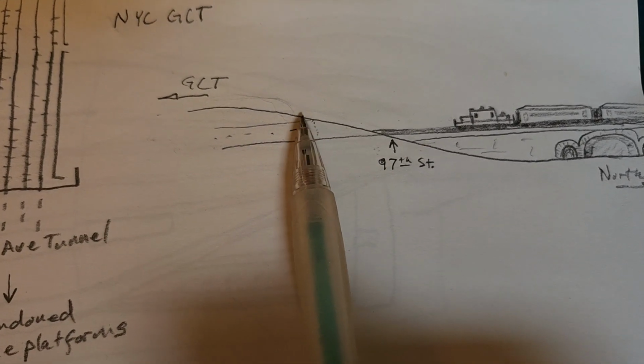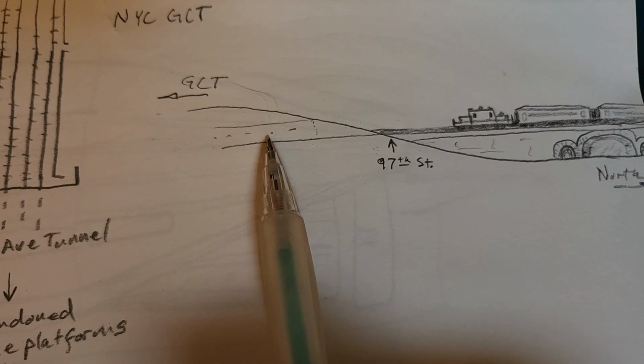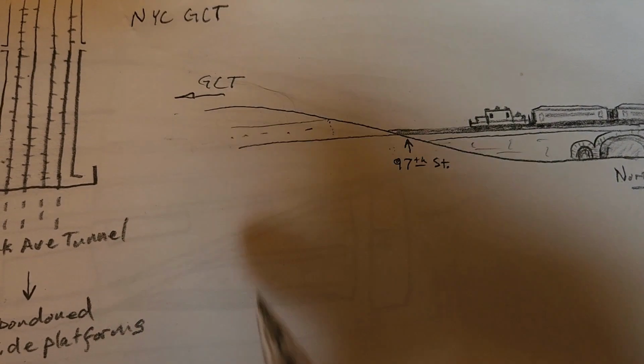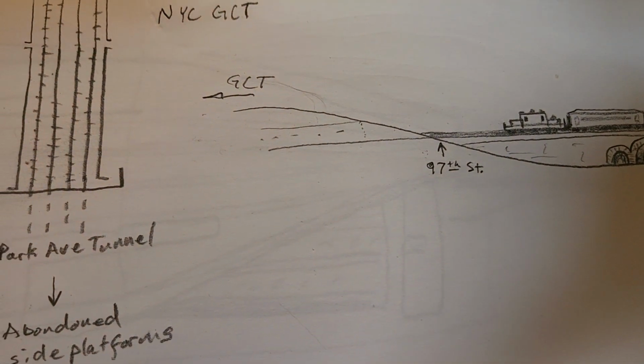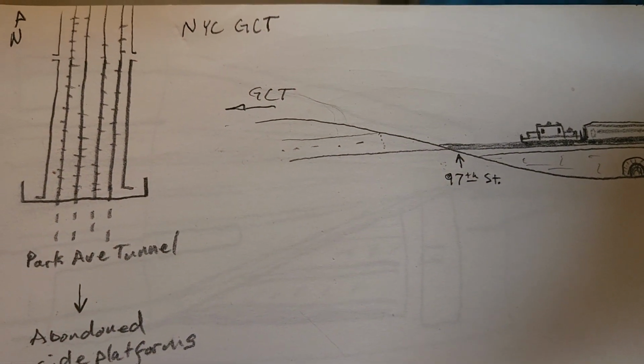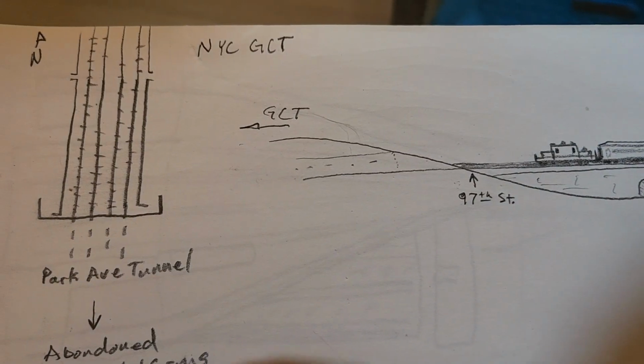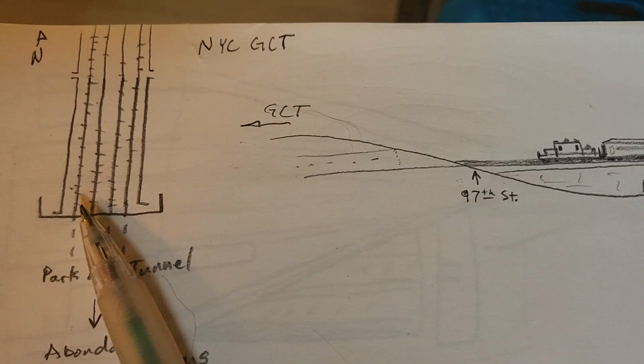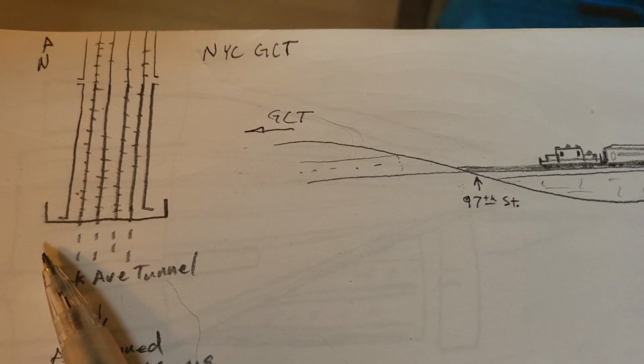And people have been doing this for years with tunnels. And I thought the easiest way to model Grand Central Terminal is not to model it at all, but to make the suggestion through the use of a tunnel portal that it exists somewhere off of the layout.